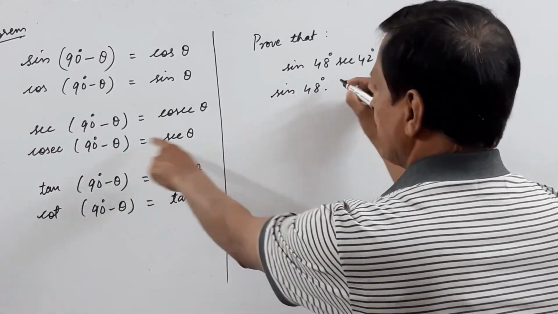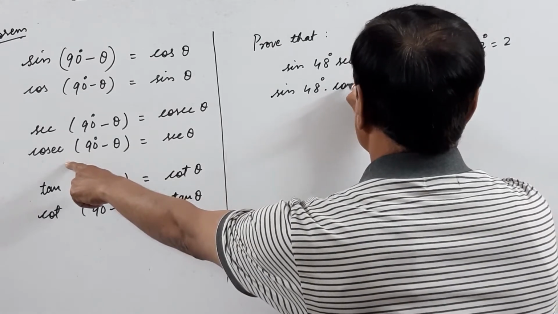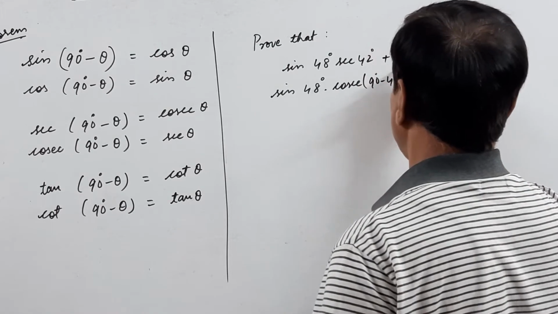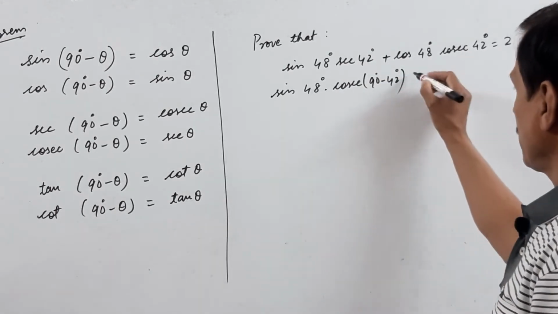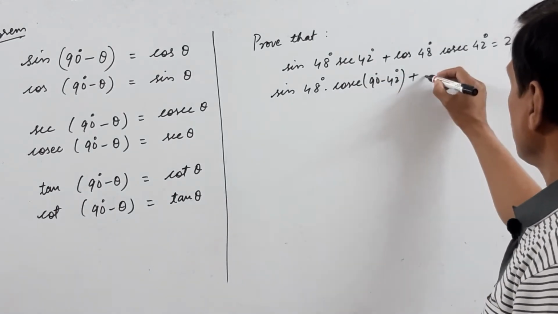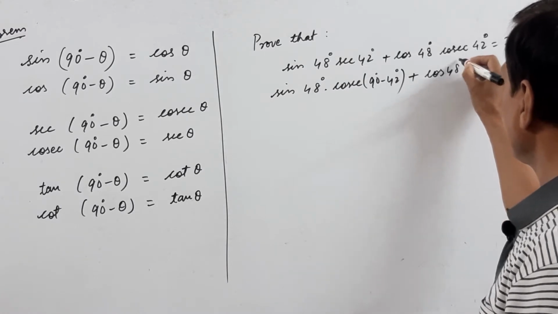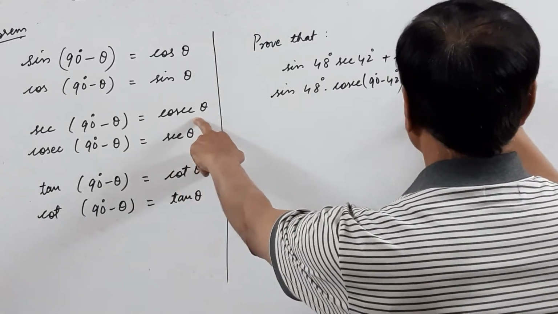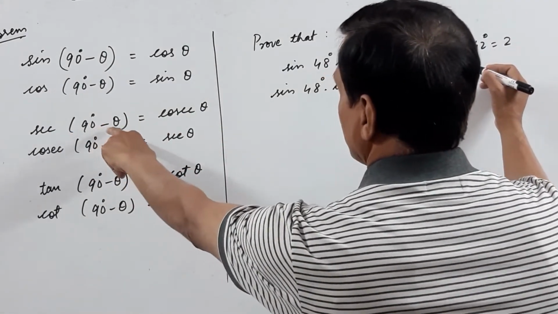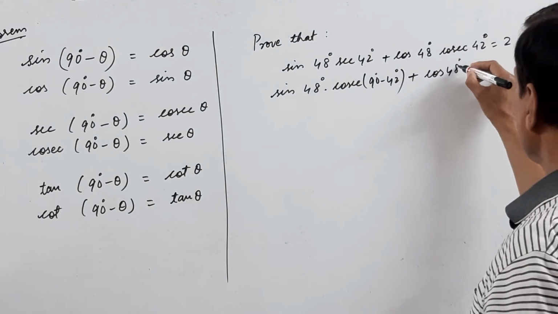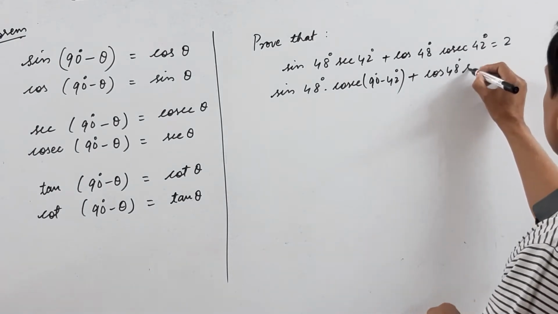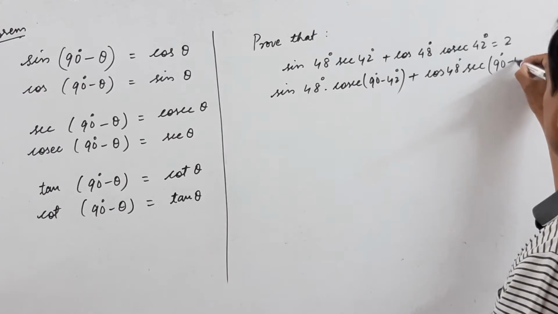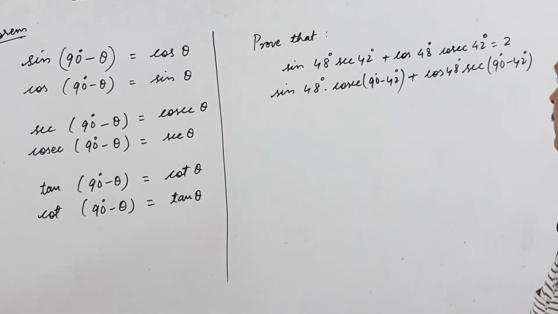So we can write it as cosec(90 minus 42 degrees), plus cos 48, and cosec 42 may be changed into sec(90 minus 42), this is sec(90 minus 42 degrees).